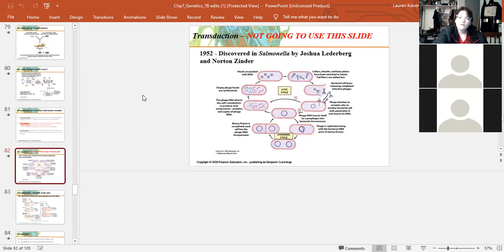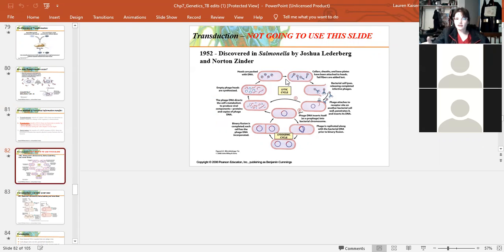And if we have this lytic cycle, it'll inject this DNA, it'll become part of its chromosome, and then it will eventually start to reproduce. And the whole point is that it's injecting its DNA to perform its own life cycle. So the bacteriophage will inject its own DNA to be reproduced within the cell, and then it bursts the cell, and then 5 more bacteriophages are born. That's how they reproduce. Okay.